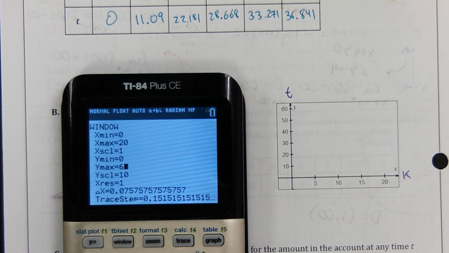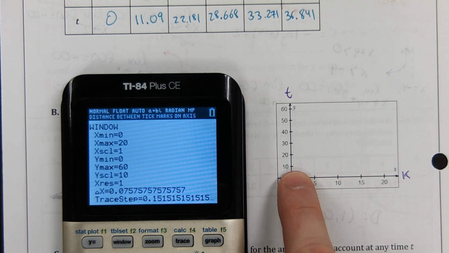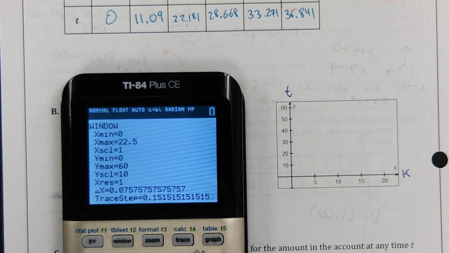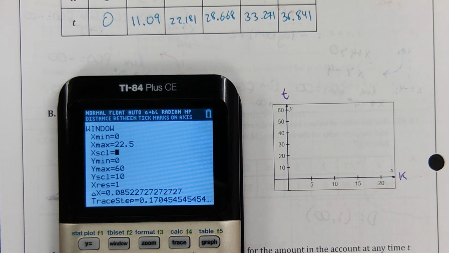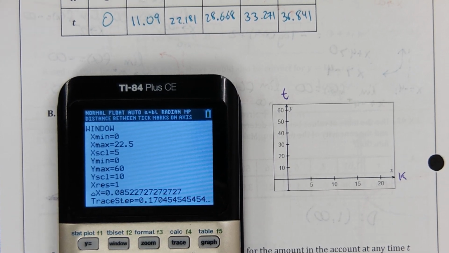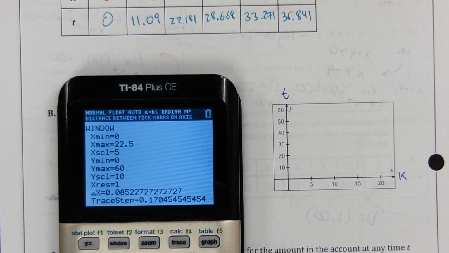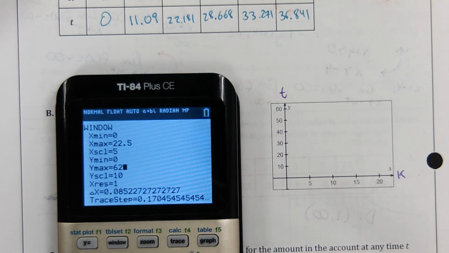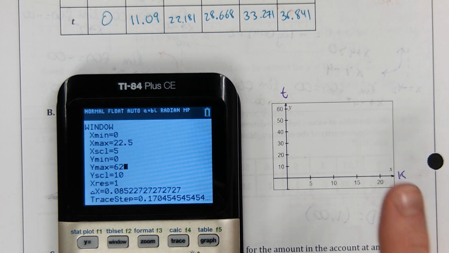Let's cap it at 60, and they went by tens. Actually, you know what? Let's make it real fun. Let's take it up to 22.5 and have the scale go by 5s just like they did. There. And then 0 to 60 and go by tens. I'm just trying to make it look exactly like this.